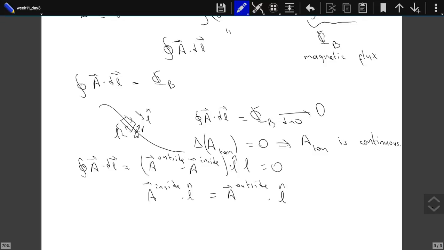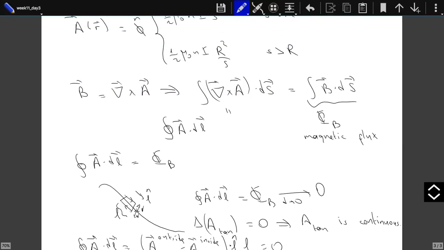No, I didn't say there is no direction. I'm just sending it to zero. So since this relation is always true, it's also true when I send d equal to 0. I just cannot say anything for the component of A perpendicular to my surface. I'm just saying that I cannot say anything. I only obtain a result for the parallel component.